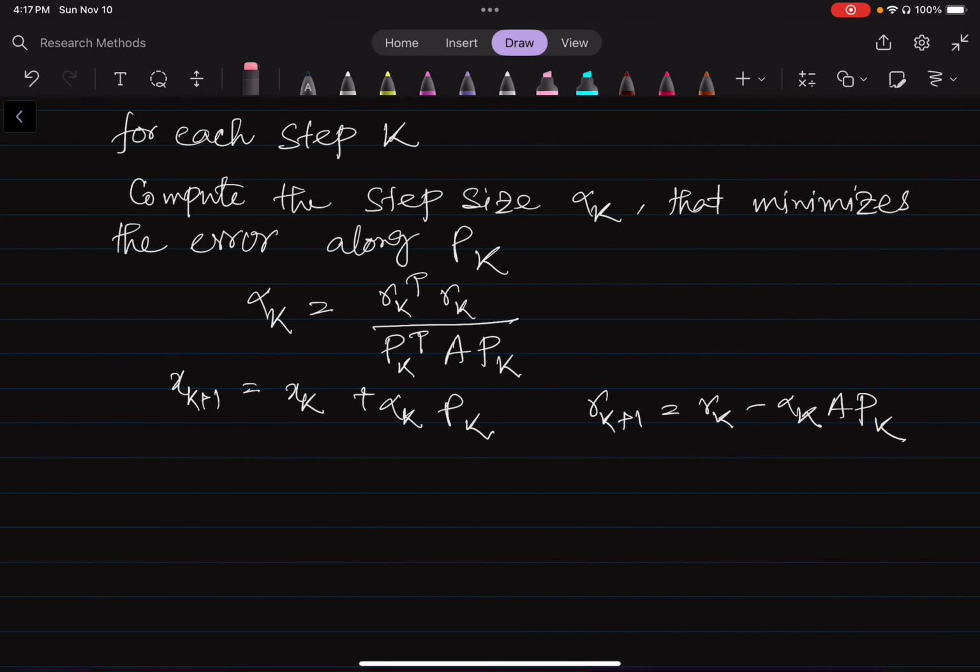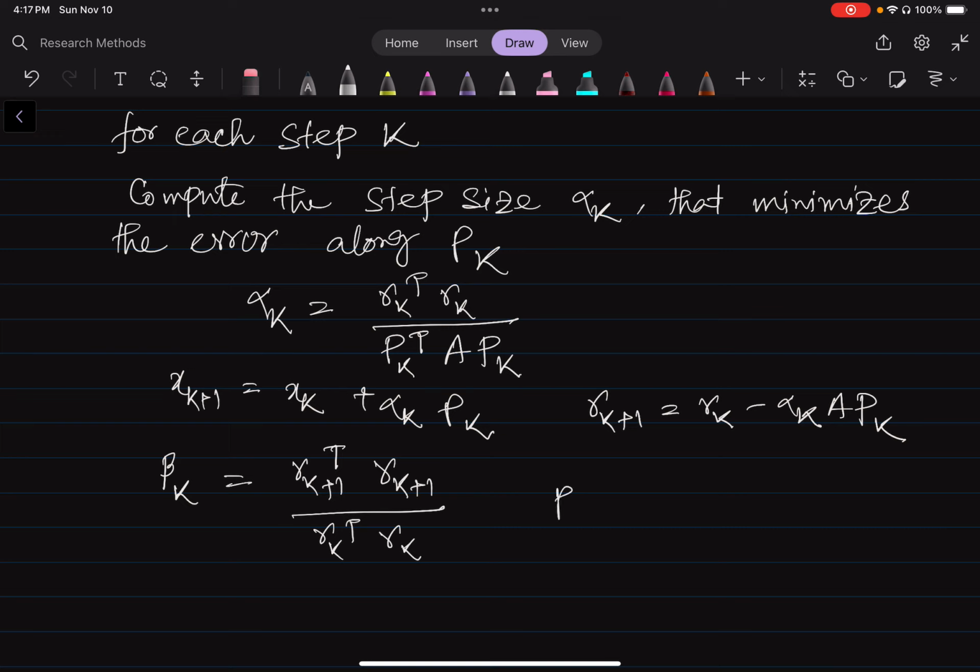Now we determine a new direction pk+1, ensuring it's conjugate to the previous direction. This direction is calculated with beta k = rk+1 transpose rk+1 divided by rk transpose rk.